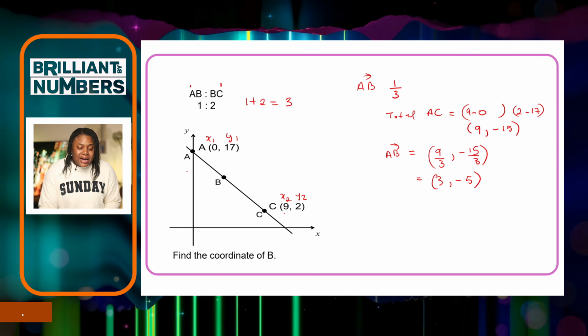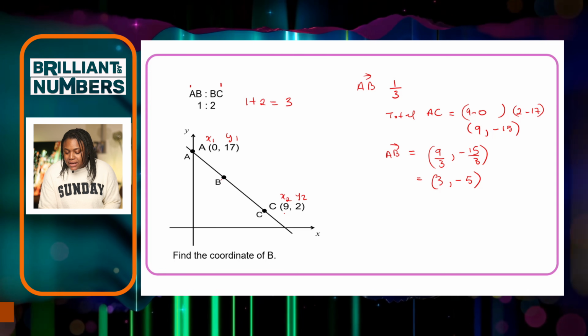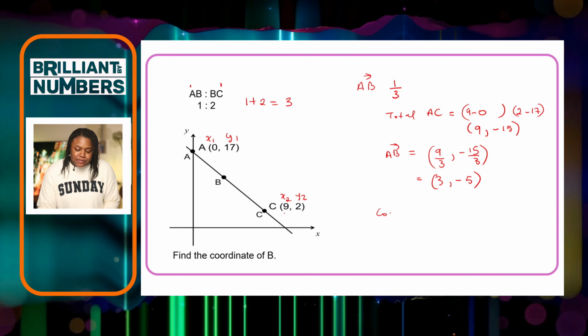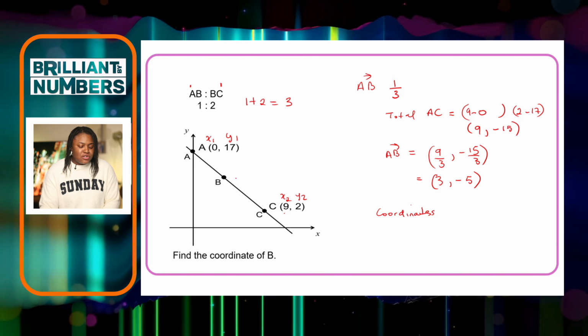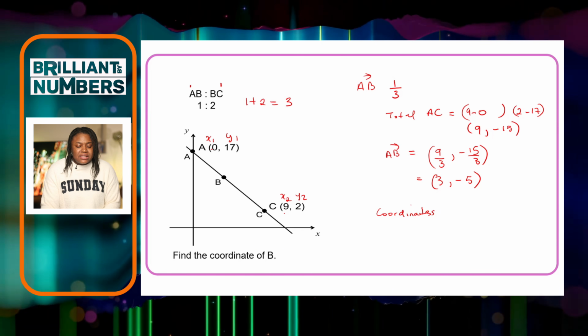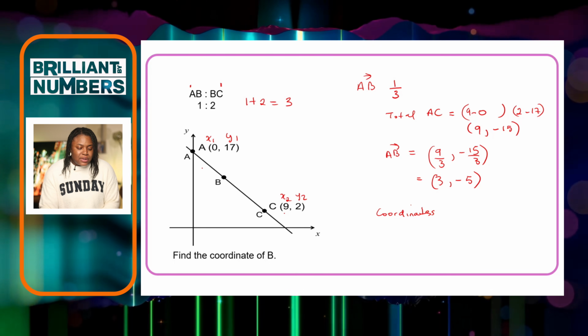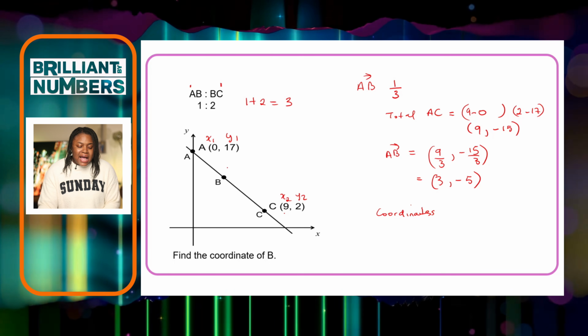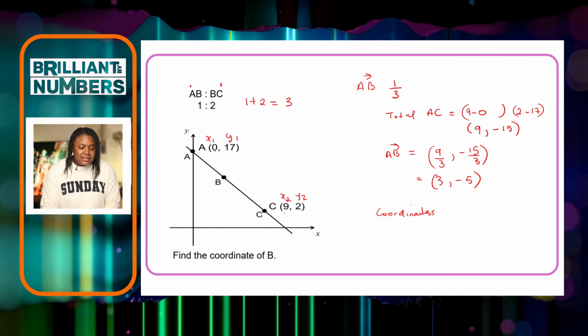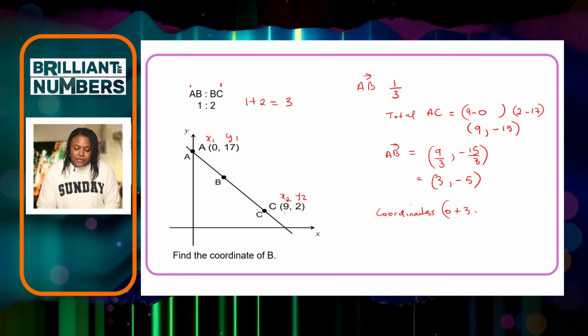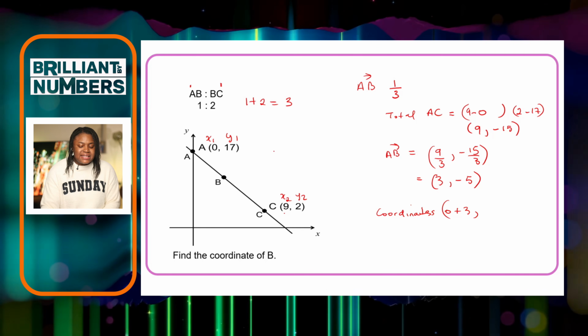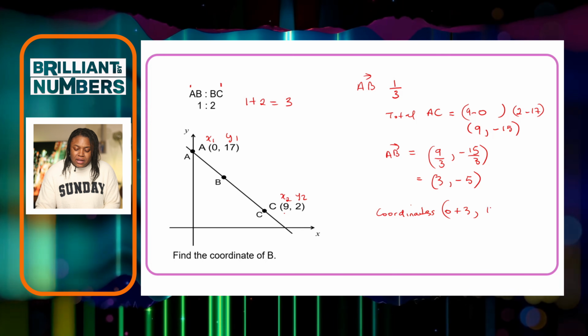It's how far A is from B. So to get the coordinates of B now, I'm going to need to take into consideration that from 0, I'm adding 3. So here, I've got (0, 17). I need to add 3 to 0 for the x coordinate. So 0 add 3. For the y coordinate is going to be 17 minus 5.